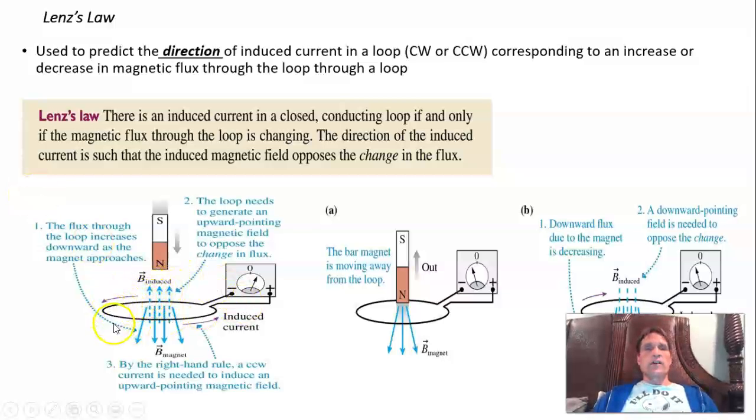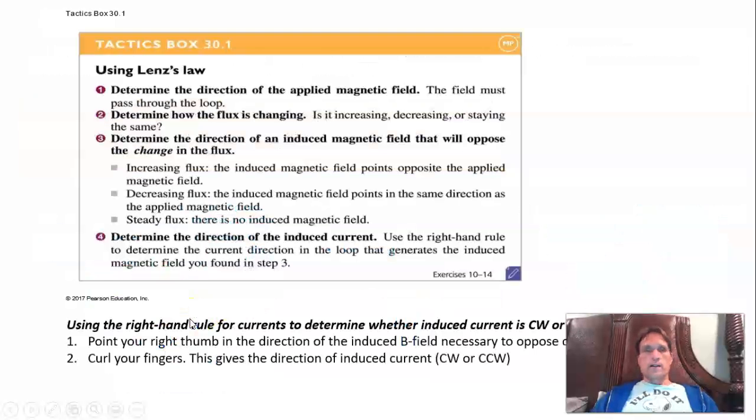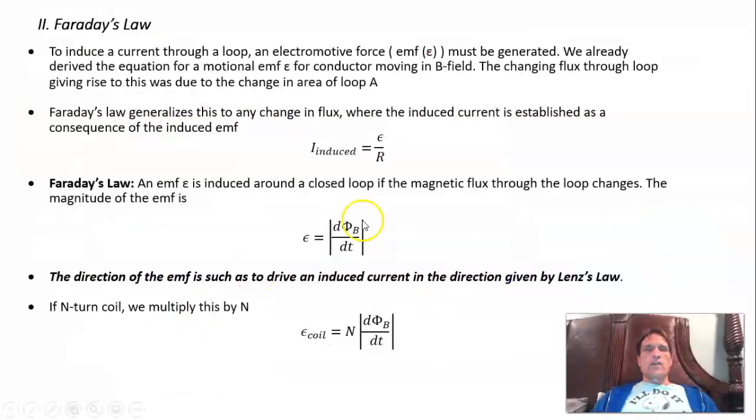The electric field has to push the current against the resistance of the wire through the wire. And if you have to induce a current, you need an electromotive force, right? Or an EMF must be generated in the wire.